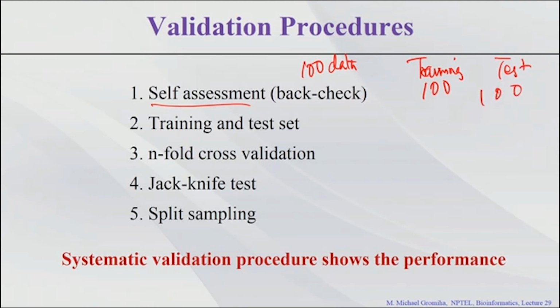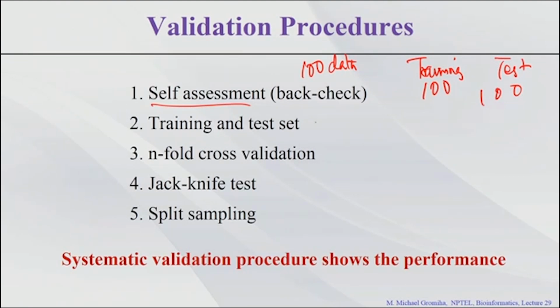So, do you expect high performance or low performance? High performance. Why? Because these 100 data will capture the important information and then you predict with the same set. Whatever you capture there, you can apply to the same set, so the test will give good results.